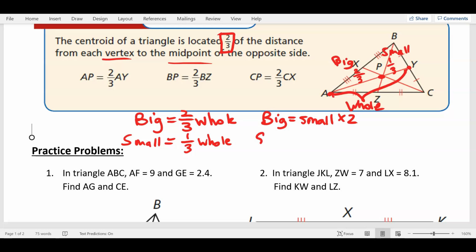And backwards, if you have the big one, to get the small one, you just divide the big one by 2. And then once you have a big and a small, the whole thing is just big plus small, obviously. That's the segment addition postulate.